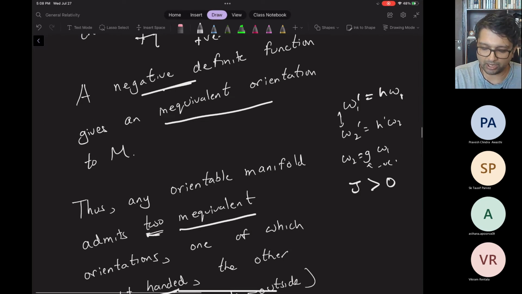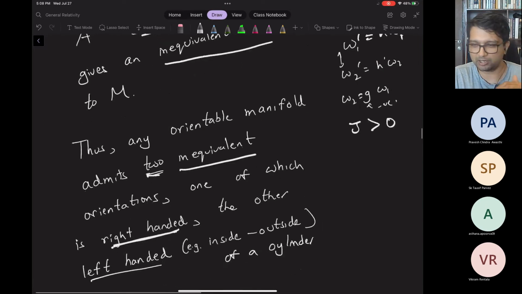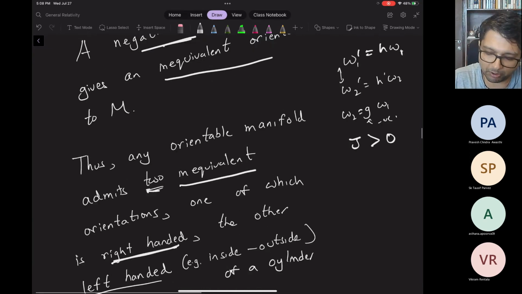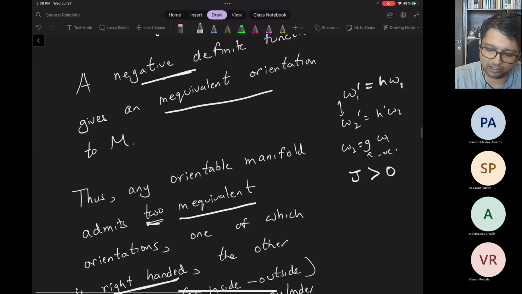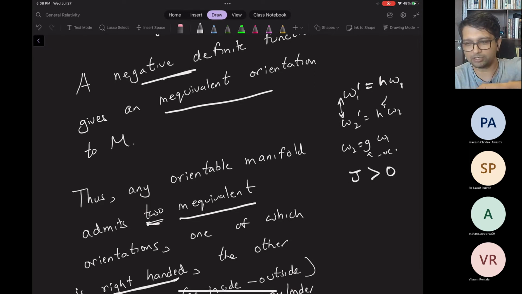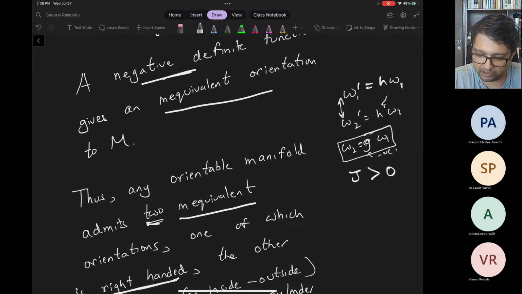So I can have integration measures which are right-handed, which are all related to each other by positive functions, or I can have integration measures which are left-handed, which are again related to each other by positive functions. But the relationship between any member of one class and a member of another class is a negative definite function.